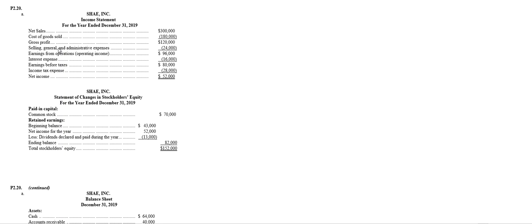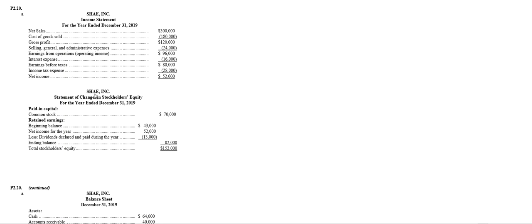And then we have income tax expense, also underneath earnings from operations. And then, of course, we take away interest expense, we take away income tax expense, and we get net income. So that's our net income amount that will ultimately be closed out and put into equity. Let's see where that happens on the financial statements.